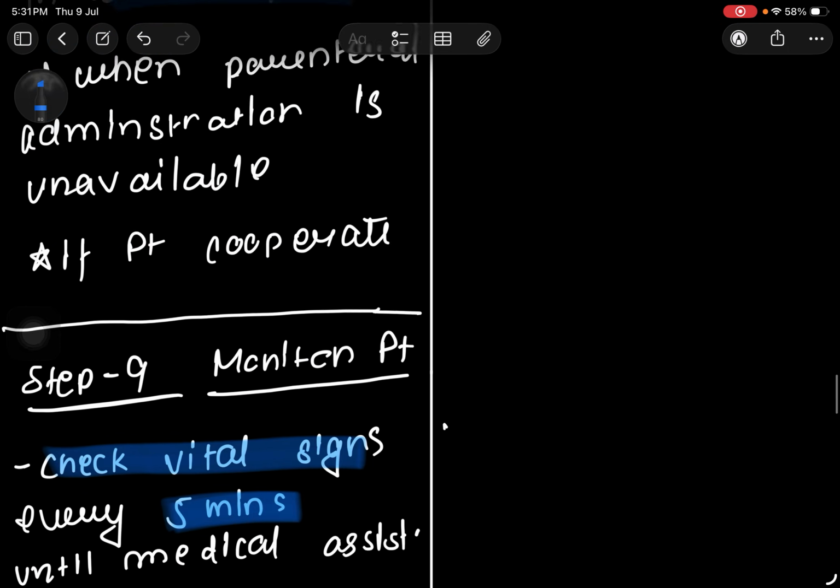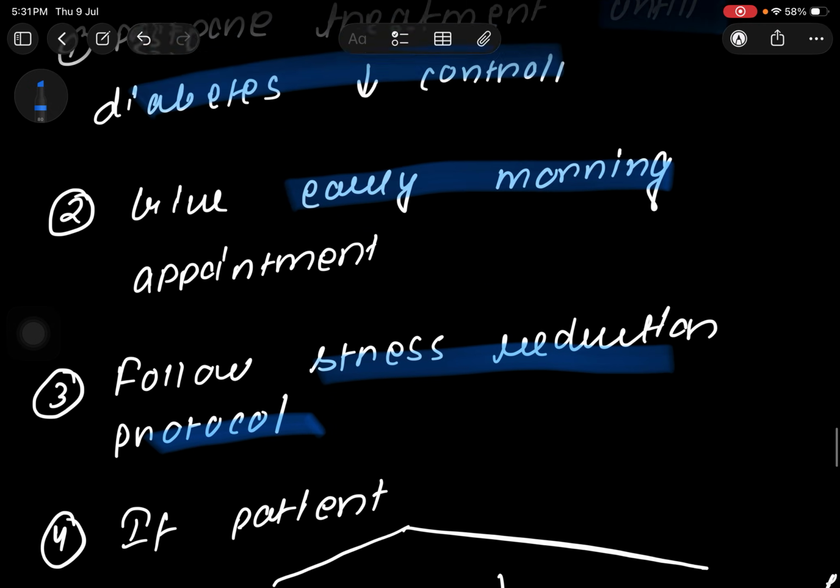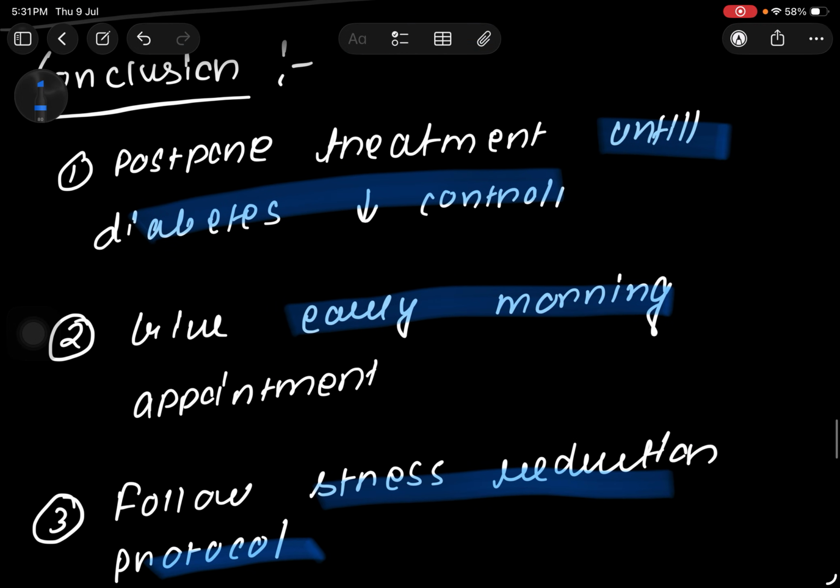Now, coming to the conclusion of the management: in cases of diabetic patients, always postpone the treatment until diabetes is under control. Second, always give an early morning appointment to diabetic patients.